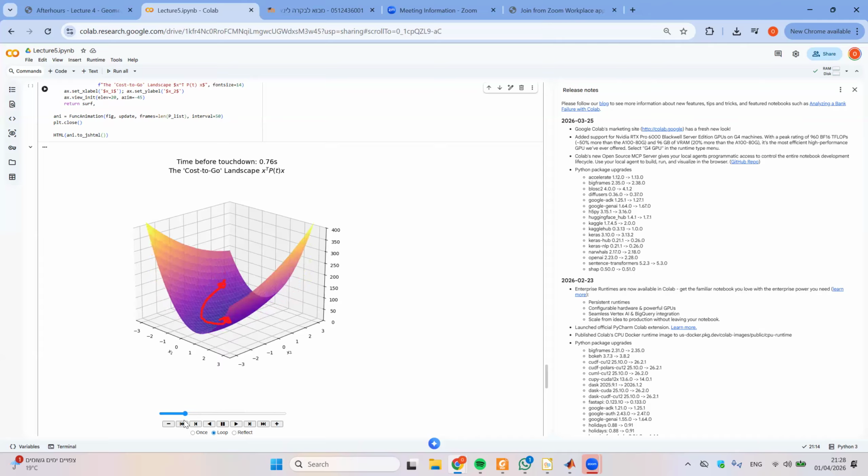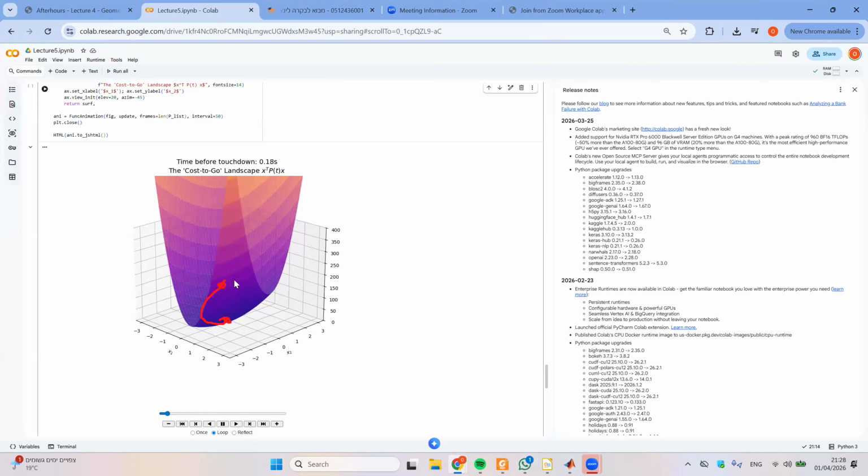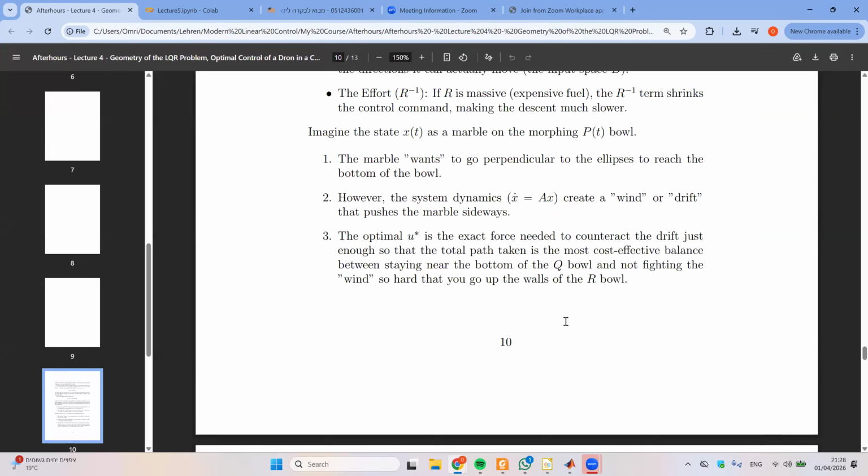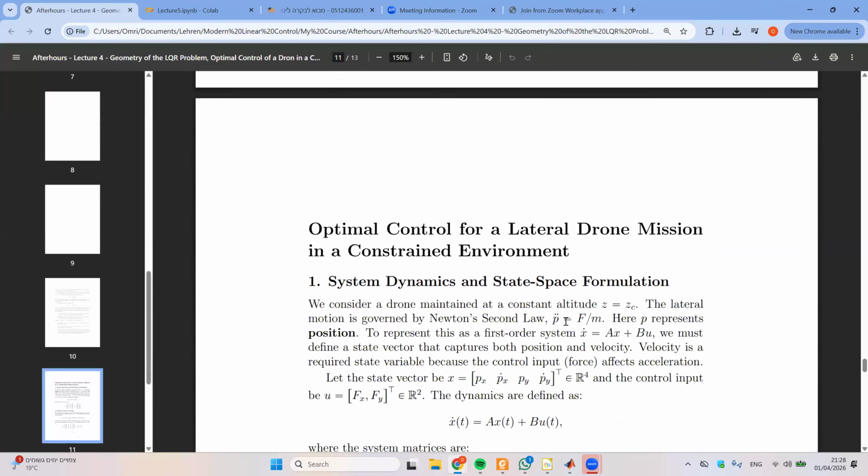So as the ball is changing, our trajectory goes down this ball, eventually reaching 0. Now, of course, the natural dynamics also take effect, and so on.